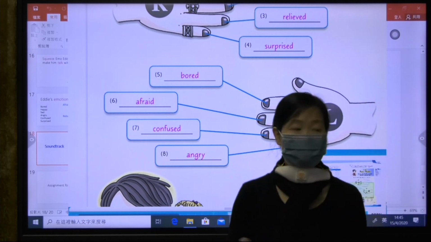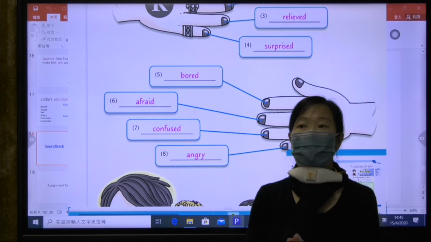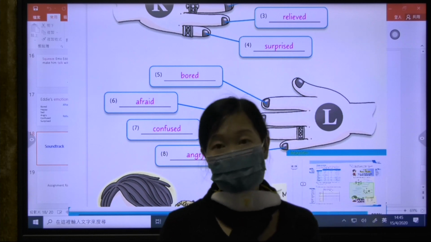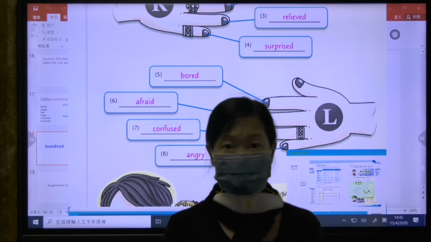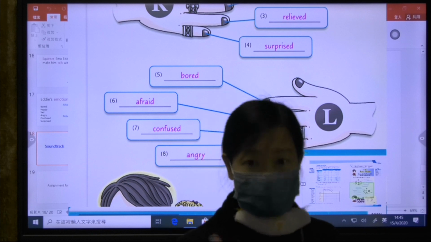And before we finish, I need to tell you something about the next 2 days. So for tomorrow and the day after tomorrow, we will have some more listening exercises again from the listening book, and I'll show you now.